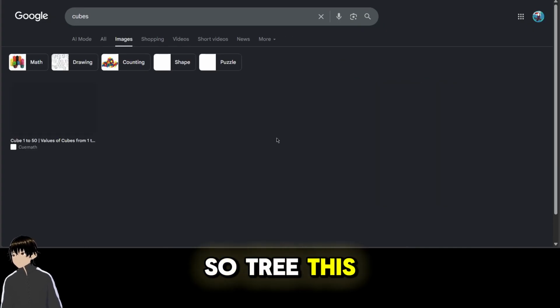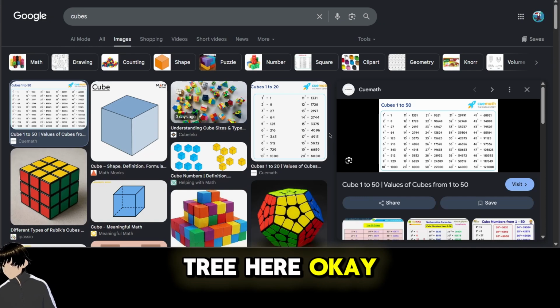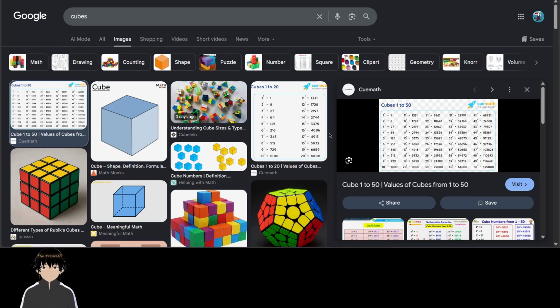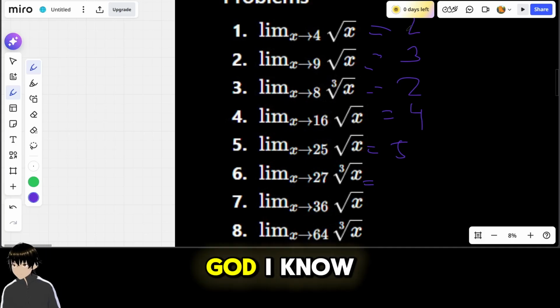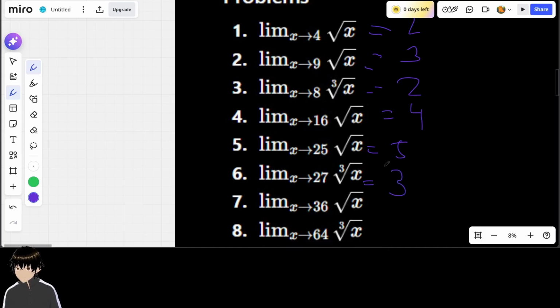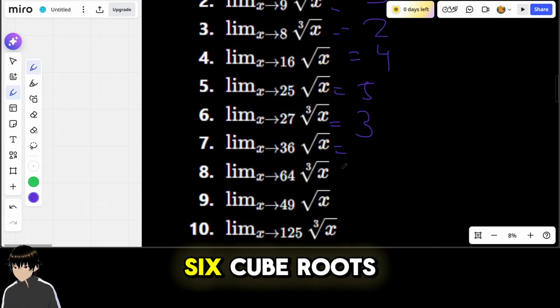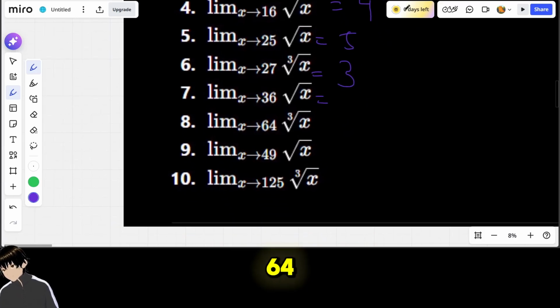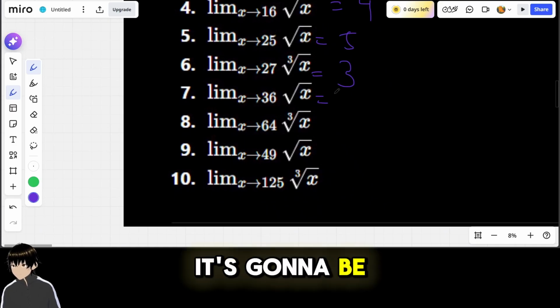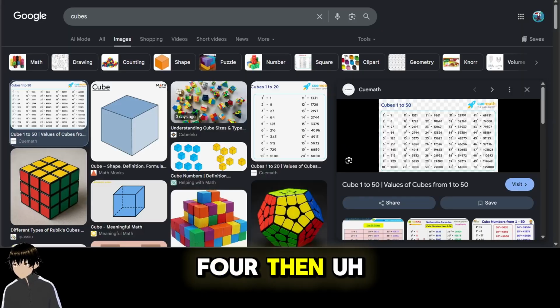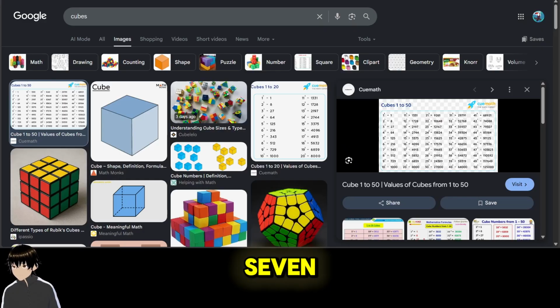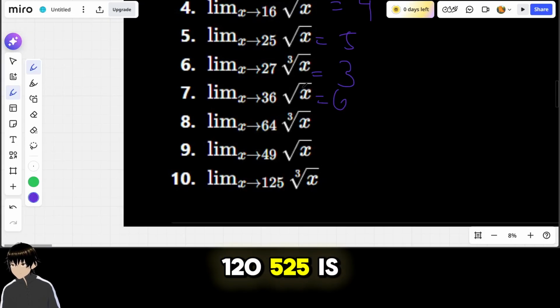Okay, so it's 3. Square root of 36 is going to be 6. Cube root of 64 is going to be 4. Then it's going to be 7. Then 125.